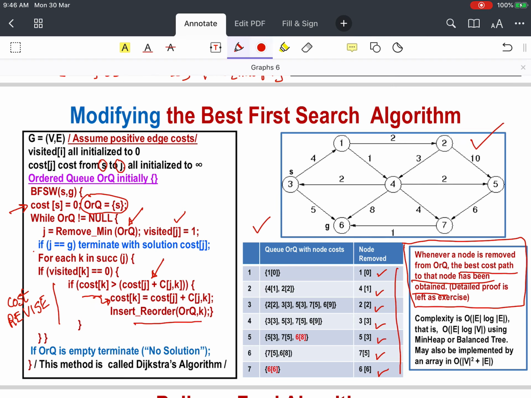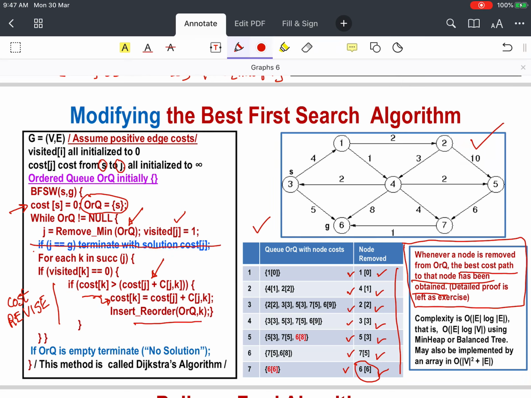Like in this example itself, node 6, which was the goal node, was the last node removed. And one by one, each node 1, 4, 2, 3, 5, 7 and then 6. Therefore, for all the 7 nodes, we have the shortest cost path to that node. Therefore, the simple change we need to make is to continue the algorithm.